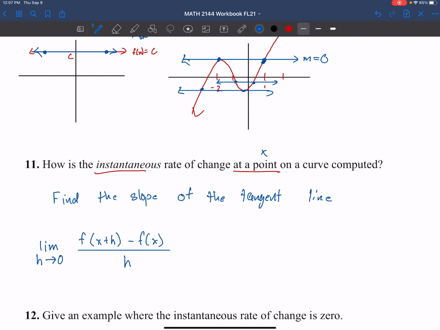You can see right here, we have the LIM, which stands for limit, as h goes to 0. This notation on the left says, do that computation and then let h go to 0. That's what we're going to learn more about in this next section. And this is literally the computation that'll give you the slope of the tangent line, the m of the tangent line.